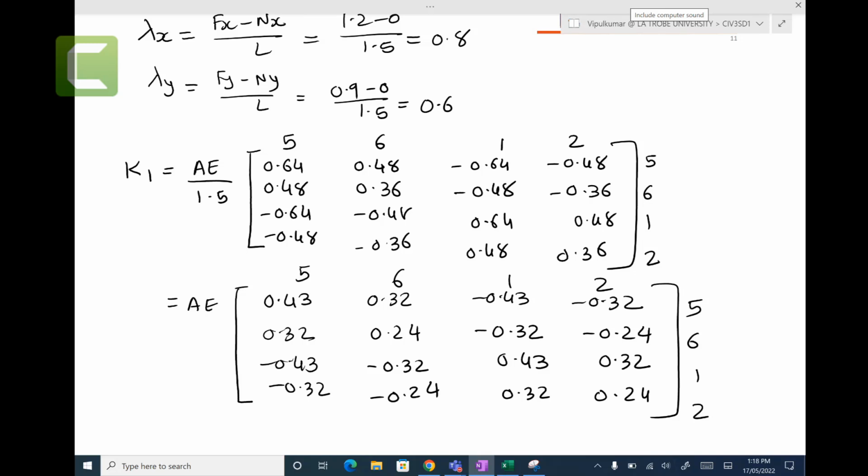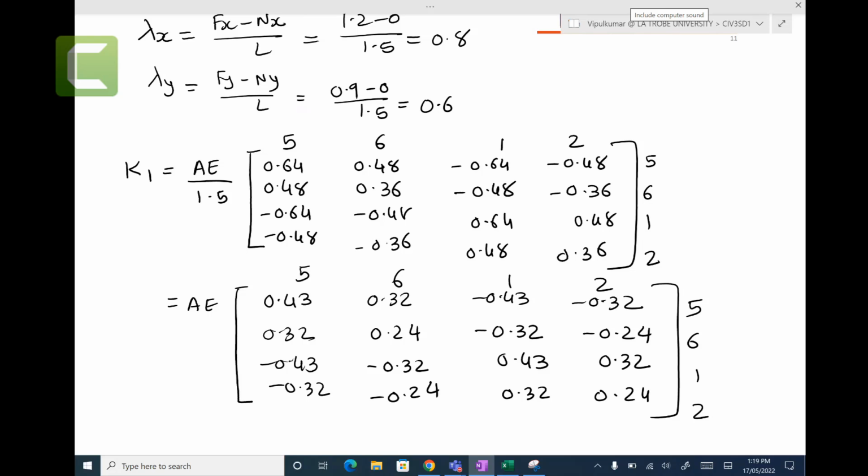From yesterday's lectures, we have 1 over AE when we do the inverse matrix, and we have AE here, so they cancel when we compute the displacements. If it is required, we will plug it in later. There would be huge numbers if I put AE here, and I can't write them in a matrix.